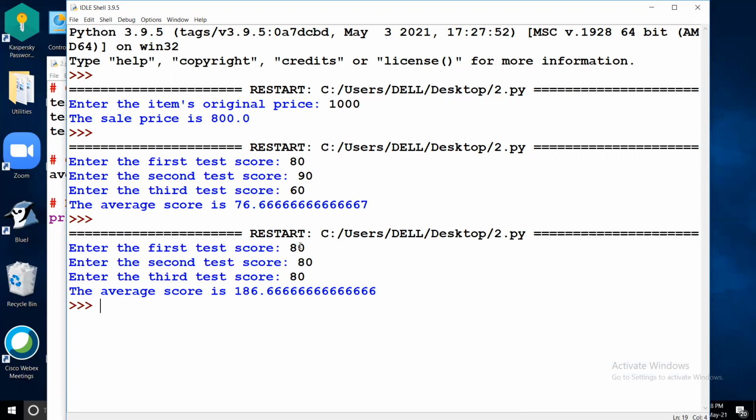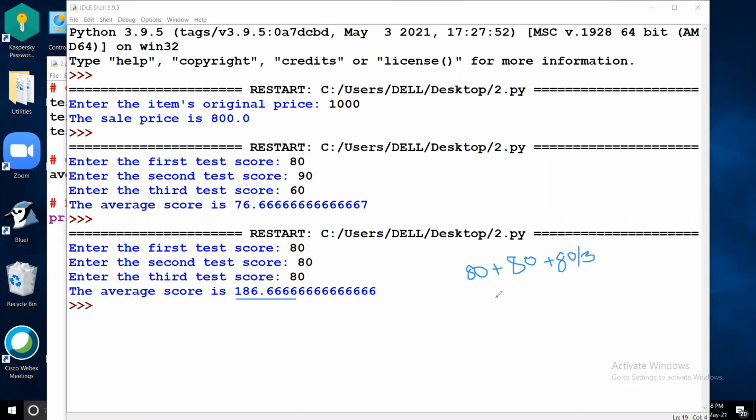Why? The reason is 80 plus 80 plus 80 by 3. Do you understand why this answer is 186.66? Because it is becoming the expression like this: 80 plus 80 plus 80 by 3, because there is no parentheses.